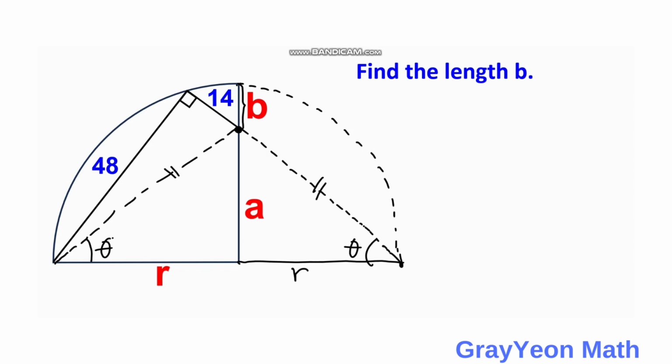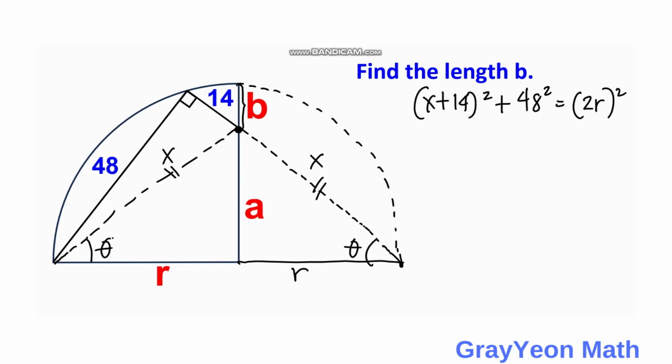And next, we label this unknown length x. And this should be x. And if we look at the biggest right triangle, then we have (x plus 14) squared plus 48 squared is equal to (2r) squared.